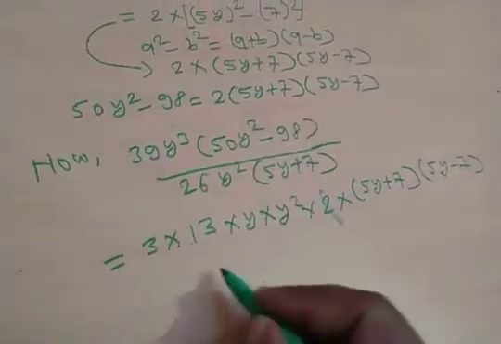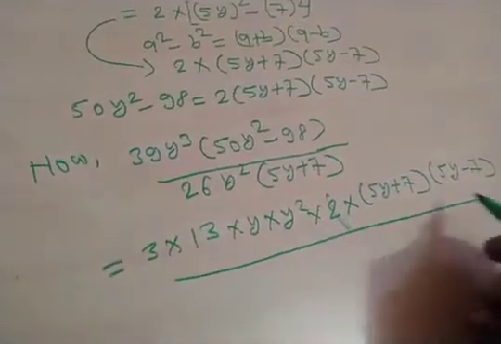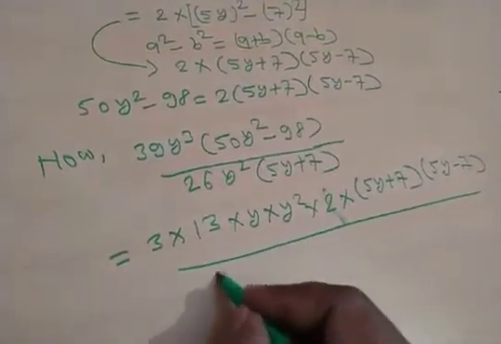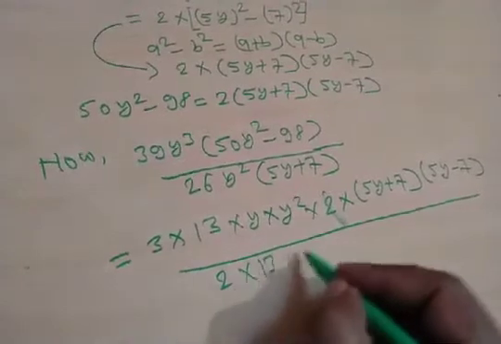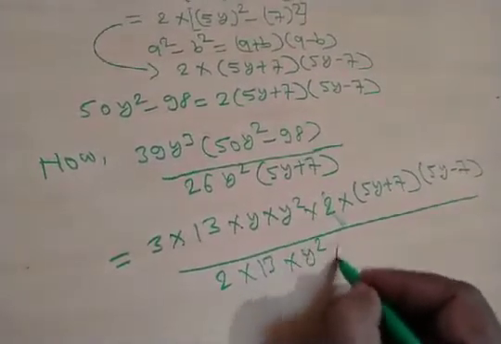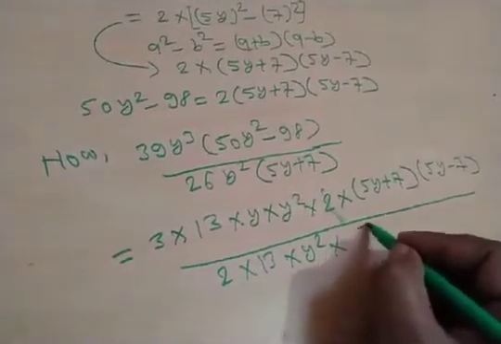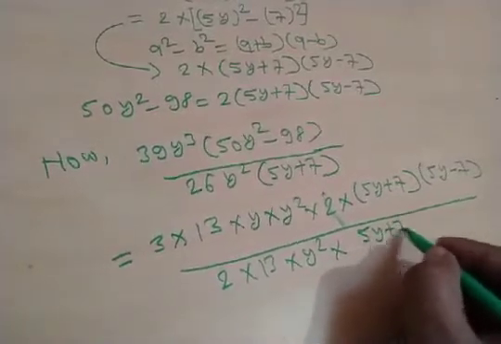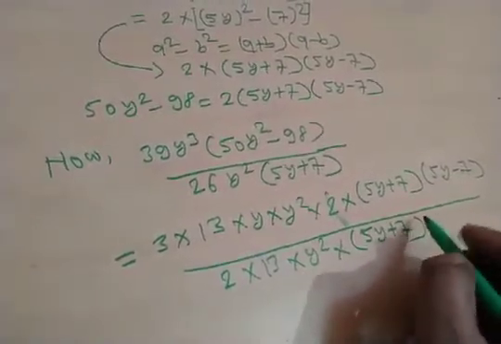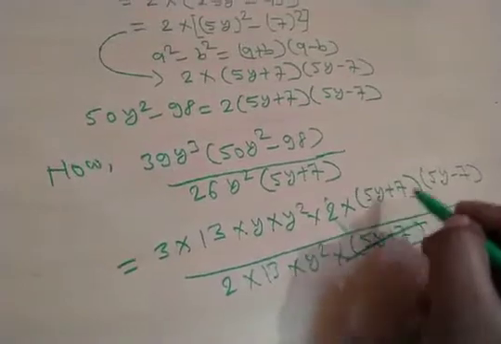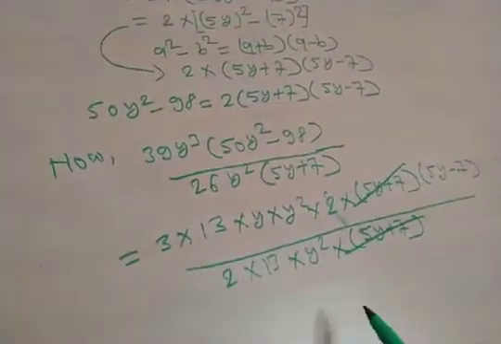And divide by 26, 2 into 13, into y square into 5y plus 7. Clear?